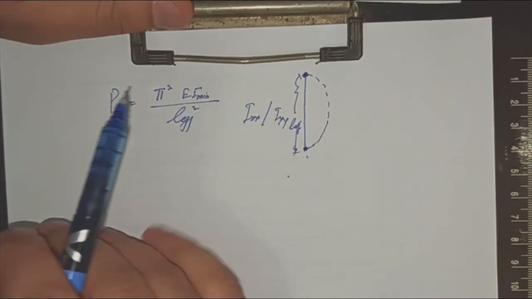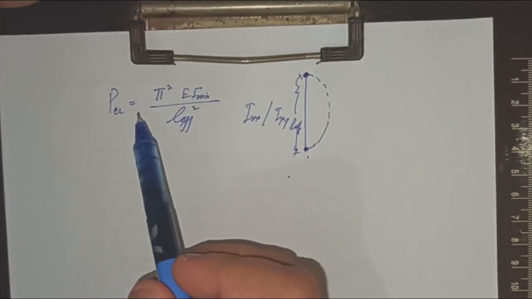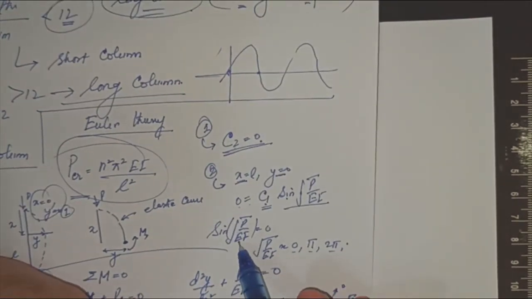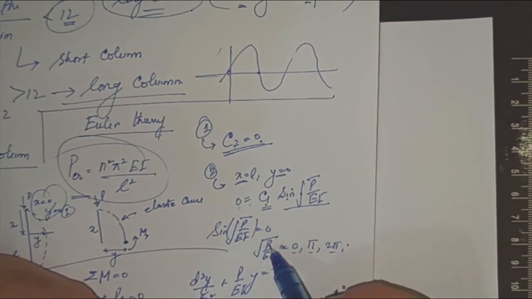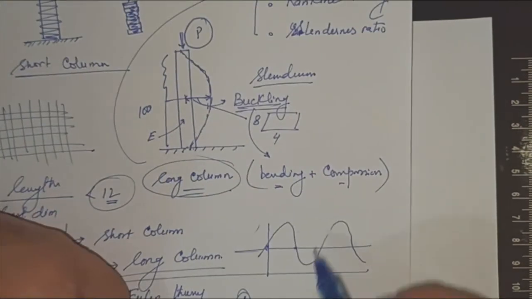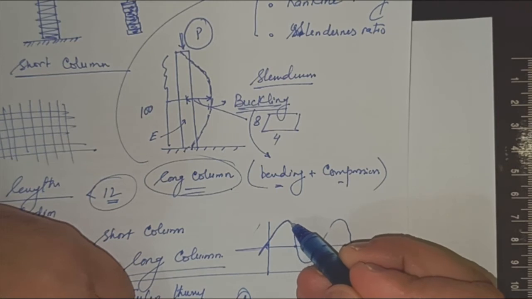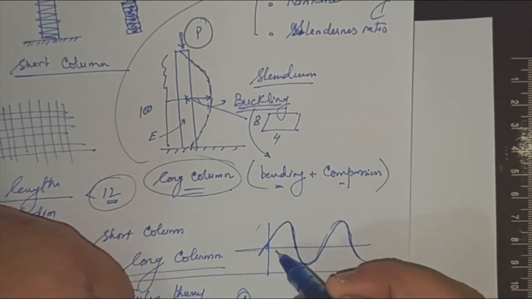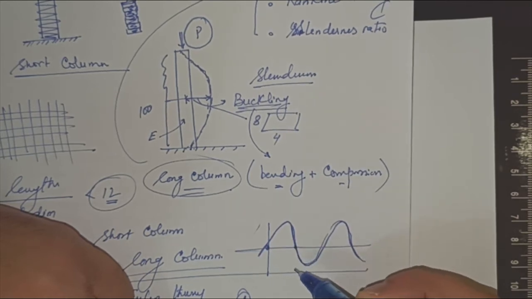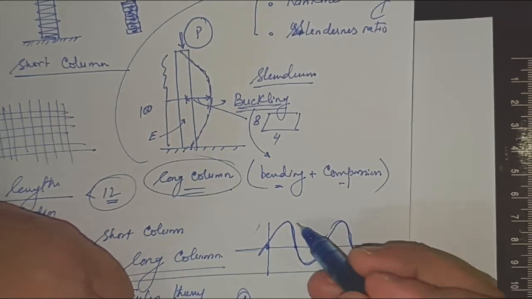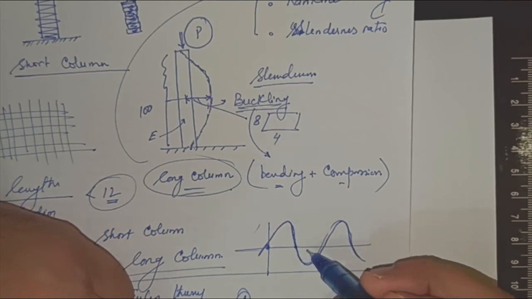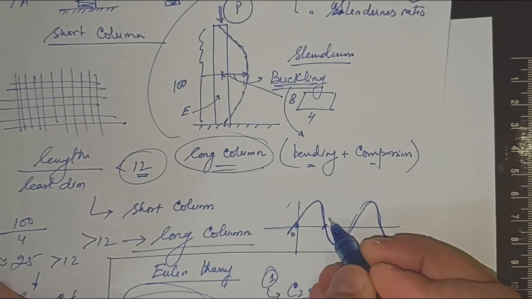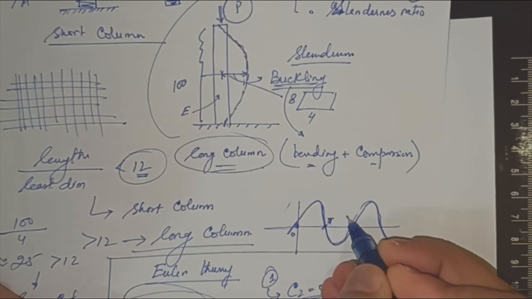Further, remember that this pi square here is very important, because as you have seen, sin of square root of P upon EI times L has the nature of a sine curve. So it is 0 at 0, at pi, which is 180 degrees, at 2 pi, 3 pi, and so on.